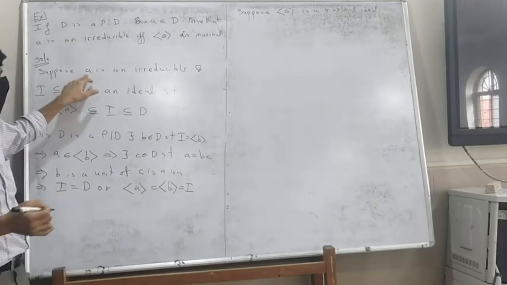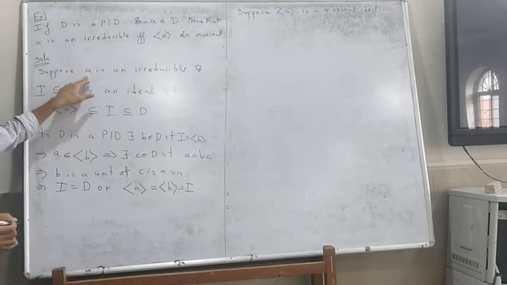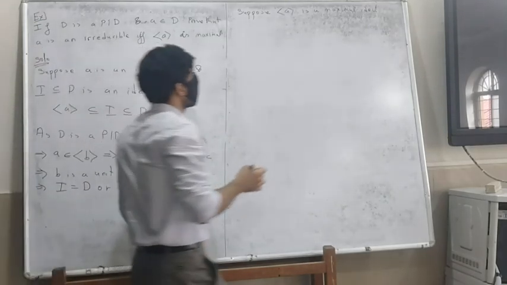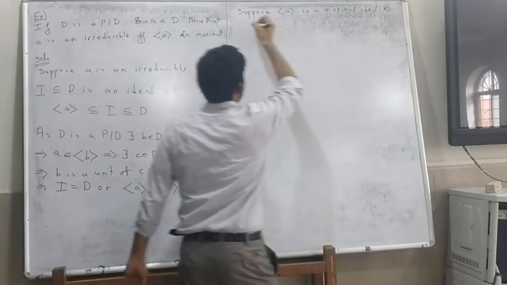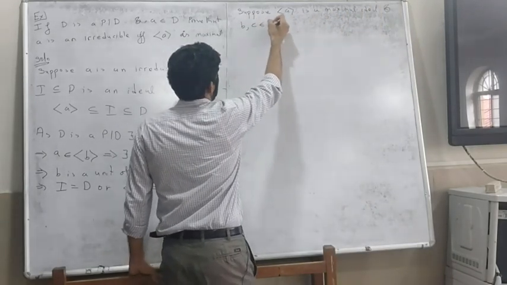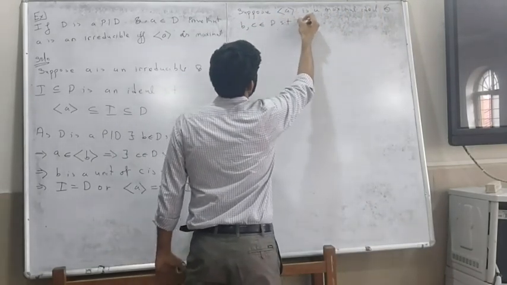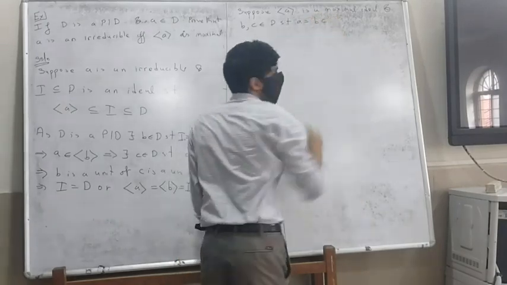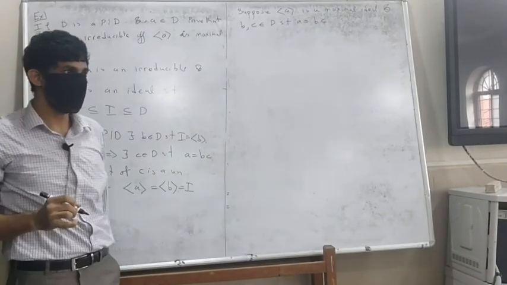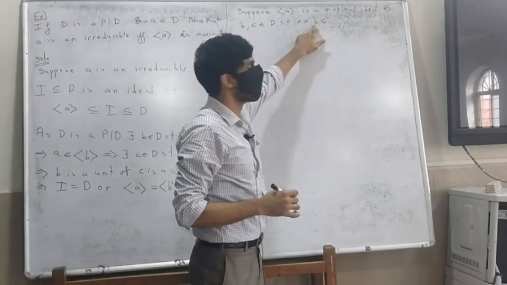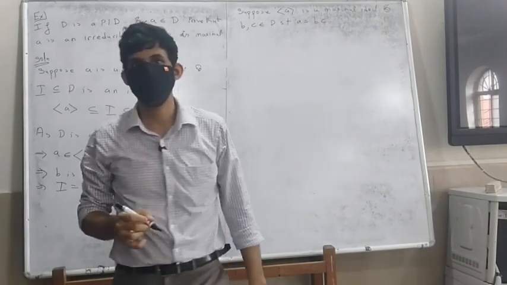How do I say that A is irreducible? I start with supposing I can decompose A as B times C, and I will need to show that either B is a unit or C is a unit. So how do I do this?